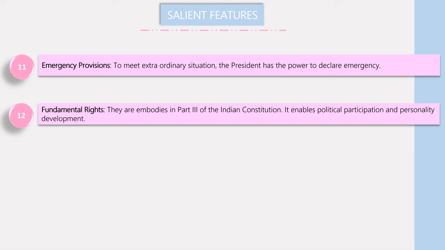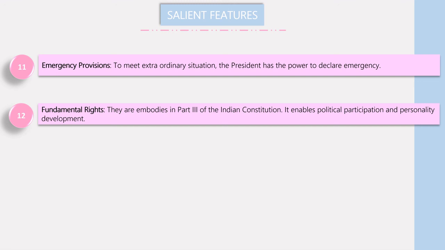They are subject to reasonable restrictions on the basis of sovereignty, security, public health, morality, etc. Fundamental rights can be curtailed or repealed by Parliament through constitutional amendment, for example, right to property, or during emergency, rights can be suspended.